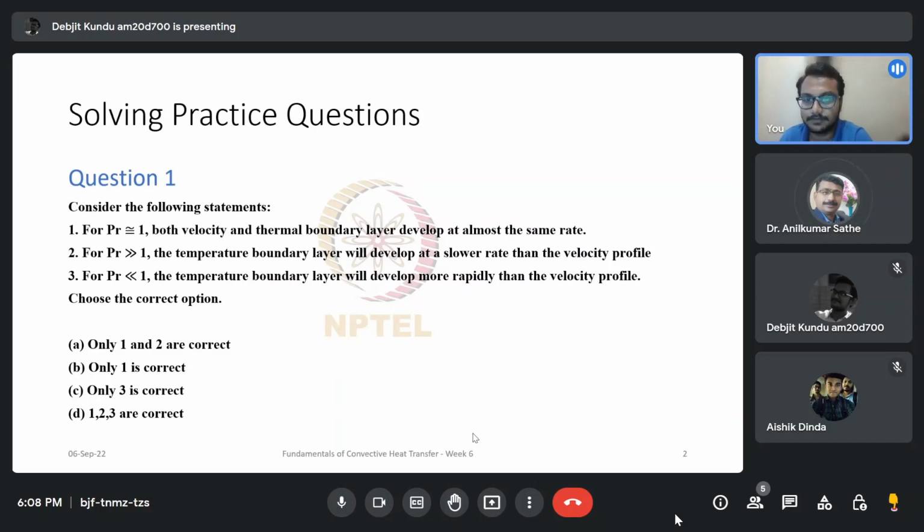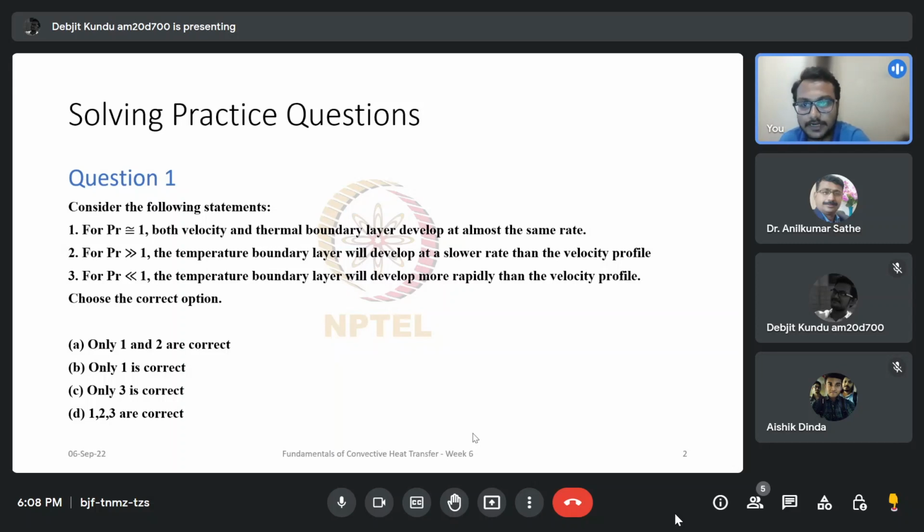So three statements are given. You are asked to consider the given statements and select which ones are right or wrong among them. So I'll read out the statement. Statement 1 says for Prandtl number approximately equal to 1, both velocity and thermal boundary layer develop at almost the same rate.